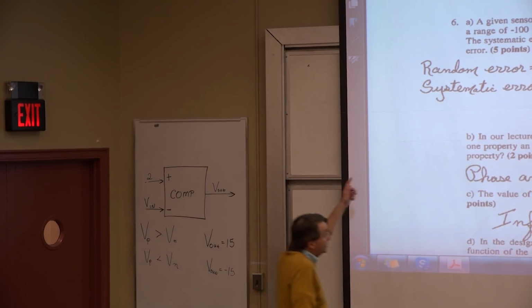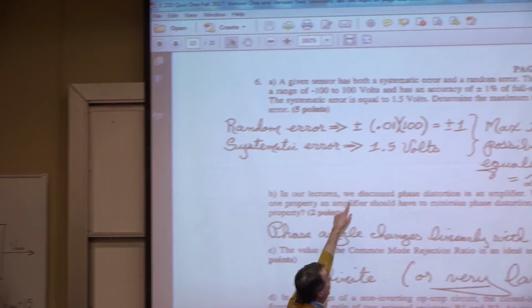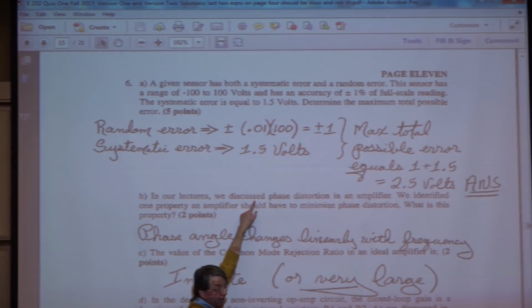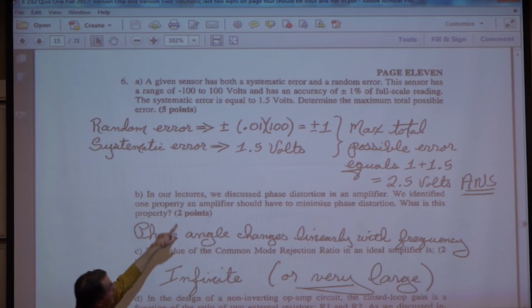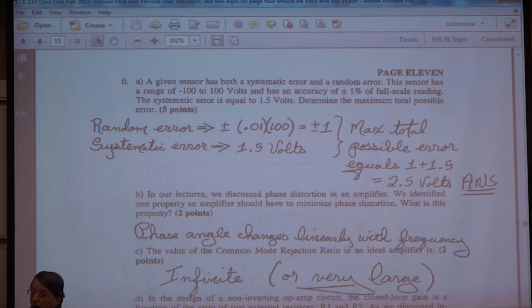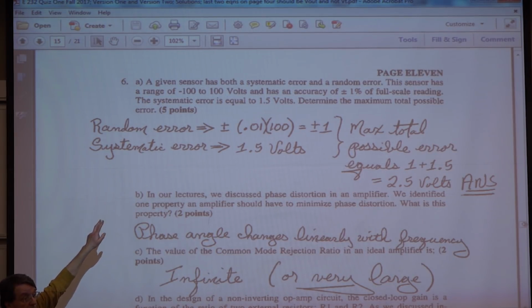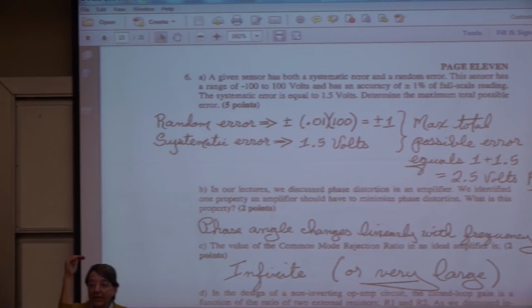So I say, okay, the systematic error is plus 1.5. Now, be careful. The accuracy is 1%. That's 0.01 times full scale, not 200. It goes from minus 100 to 100. You might think, oh, full scale is 200. No, no, no. Full scale is the maximum reading.